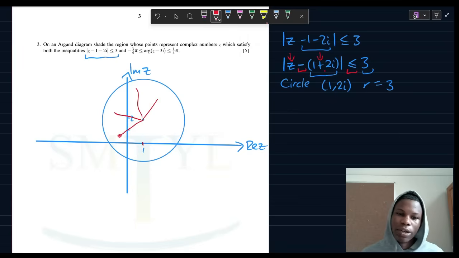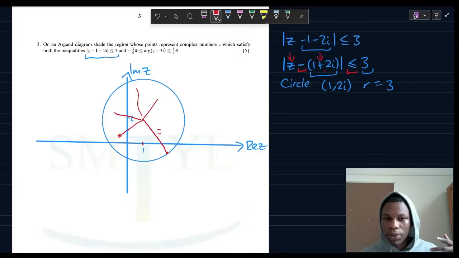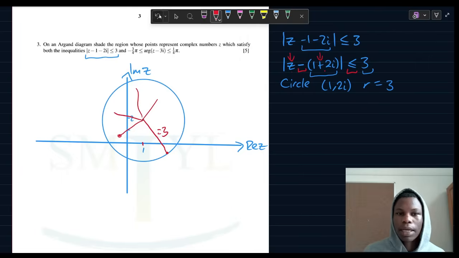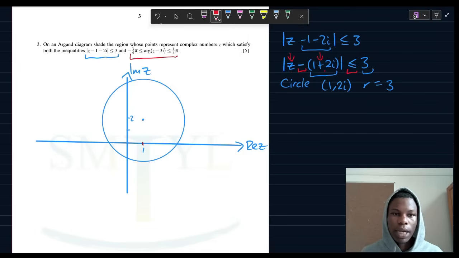And less than or equal to 3 means we can also include something that lies on the circumference, because that's going to be equal to 3. So essentially you just end up shading the whole circle. But let's not shade just yet, because we need to satisfy this inequality.